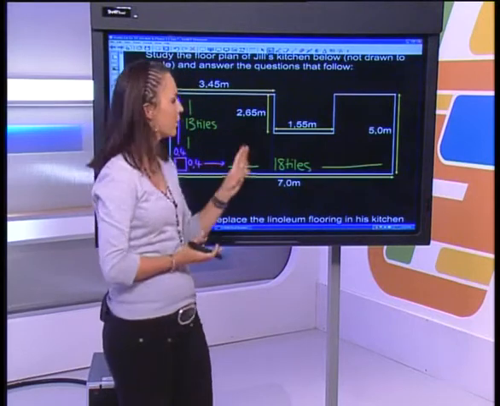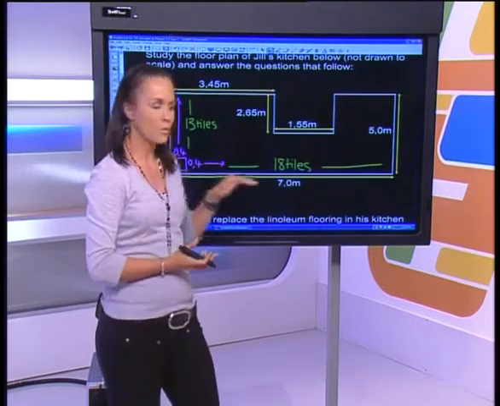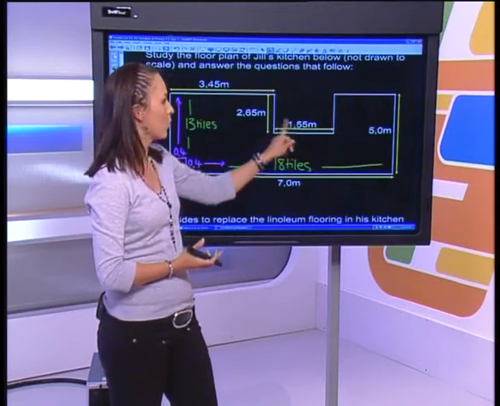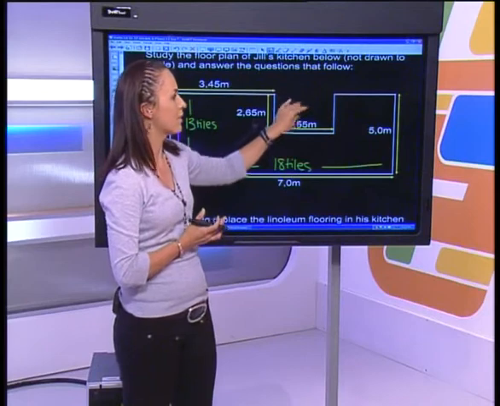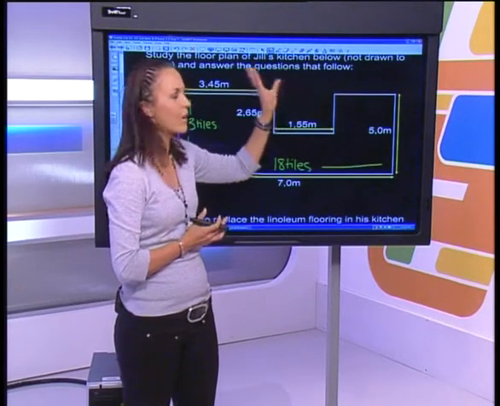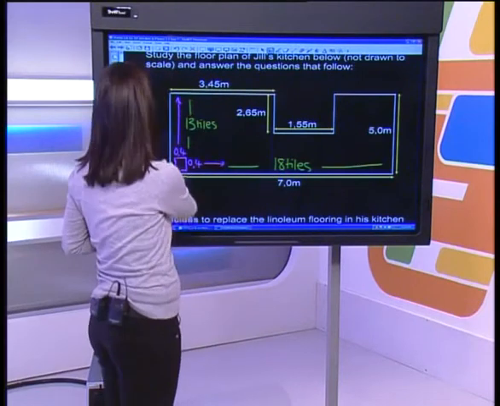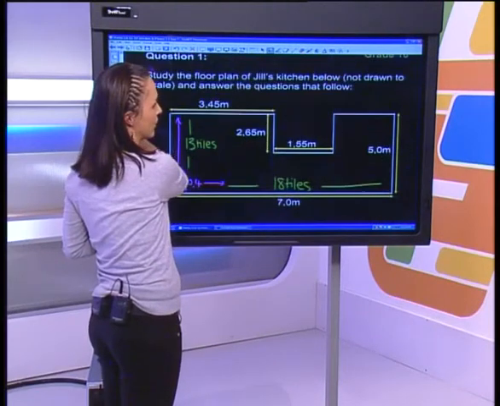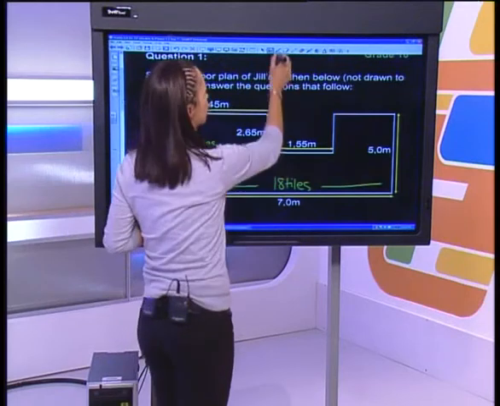Okay, so exactly the same way as what we did with the 7 and the 5, we're going to work with the 1.55 and the 2.65 meters. And I just want to work out how many tiles would cover that area over there. We're going to get rid of those because that's not actually part of the floor area. All right. So I'm going to do it over here, right next to the question so you can see what I'm doing.